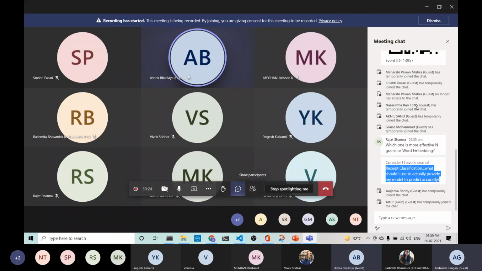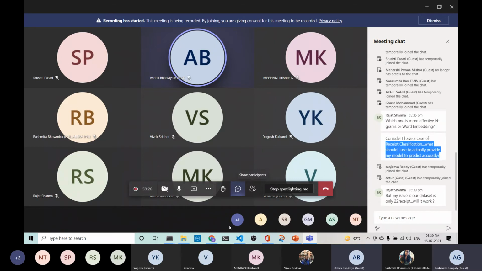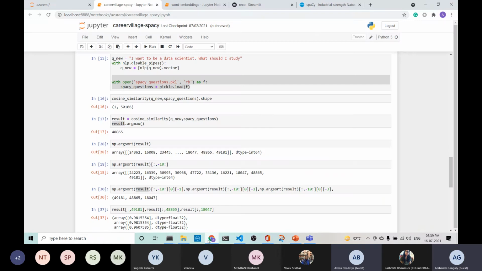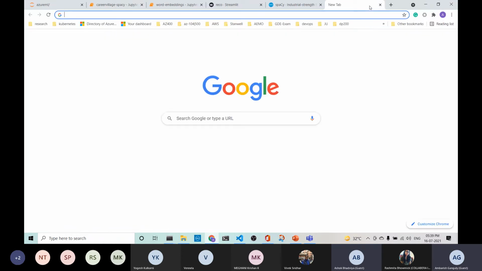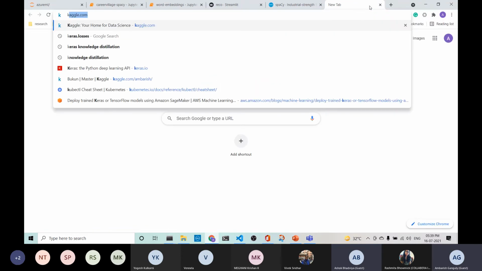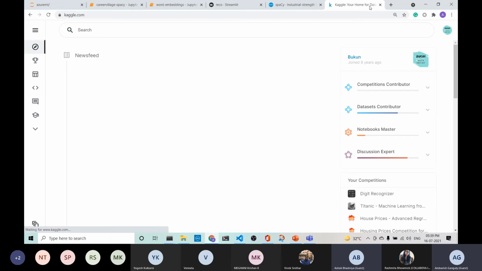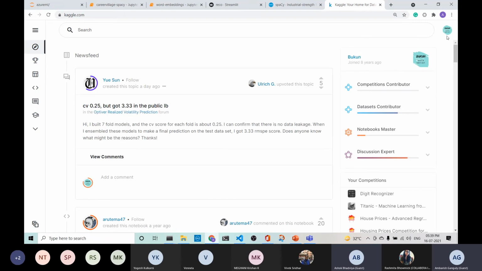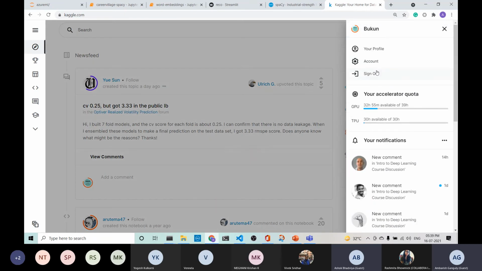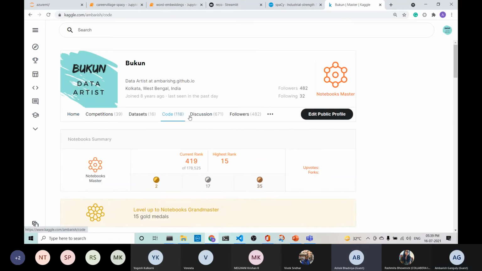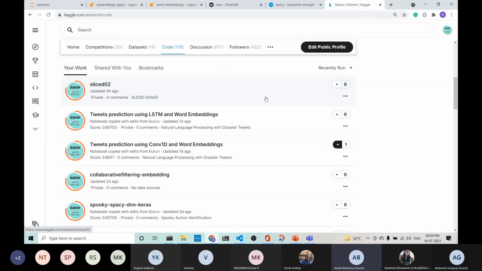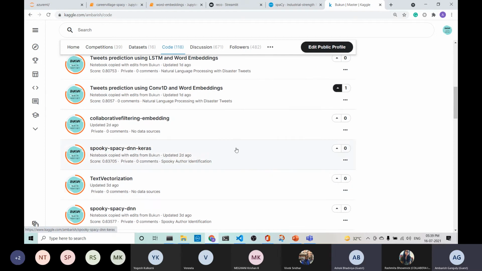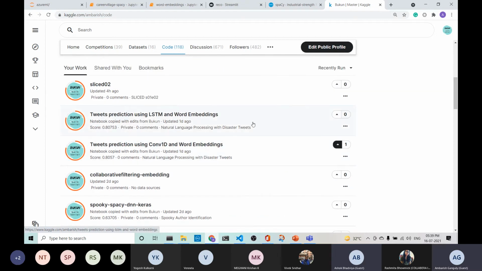Since there is more time, I just want to show you something more interesting that I was playing around with. In Kaggle, if you take this concept and extend it a little bit, here is another thing I was trying.